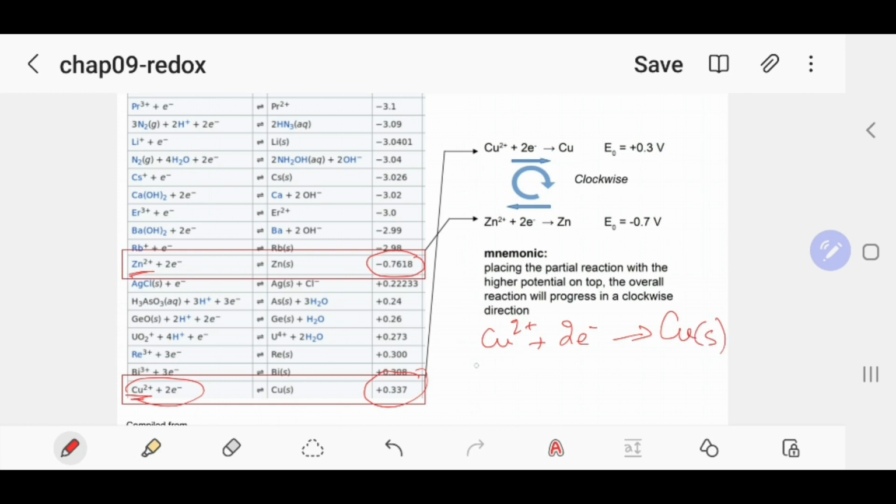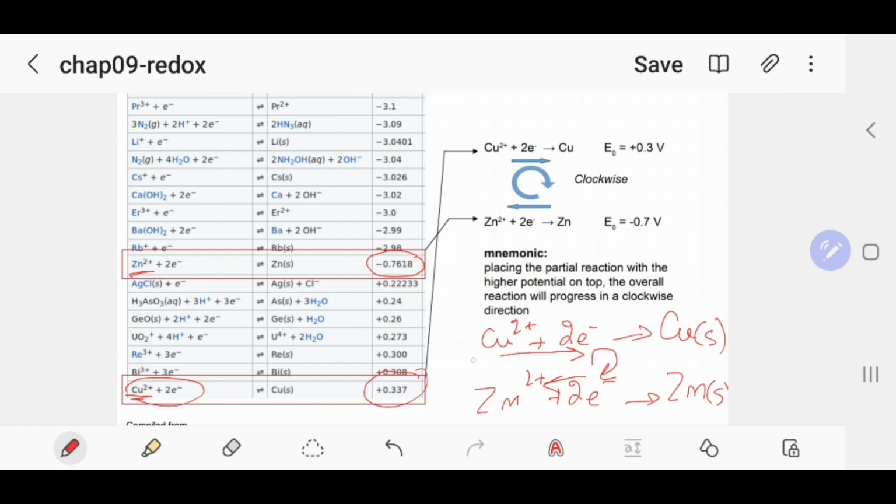The one on the bottom will be this one with the lower potential, which is the zinc ion, which will capture 2 electrons and will give us the zinc solid. The flow will be clockwise like this.